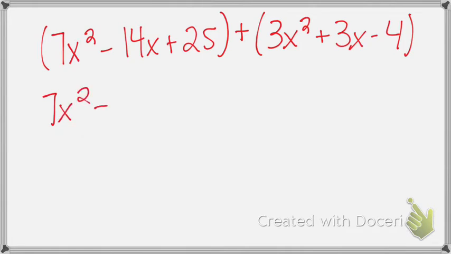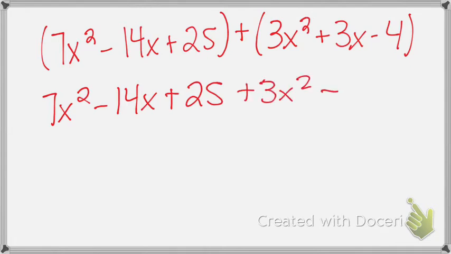Now, you don't have to do this step. I do this step because when you do have to change something for when you're subtracting, you have to rewrite it anyways. So I just go ahead and do it for addition. That way I'm doing the same thing every time. Okay?